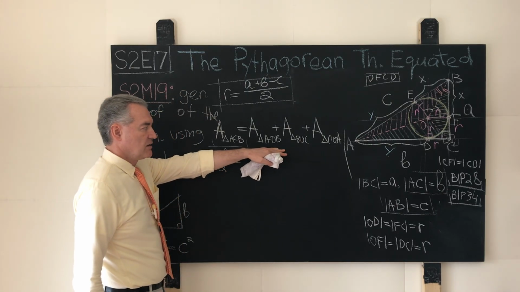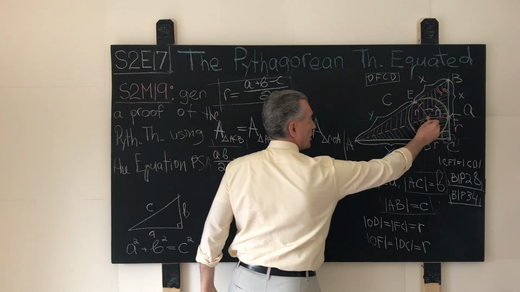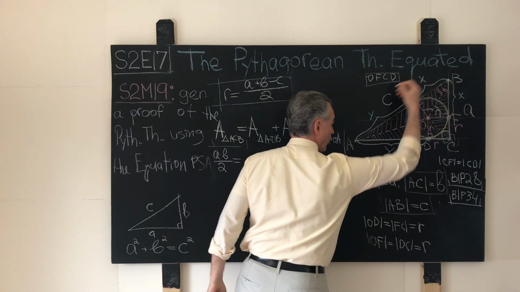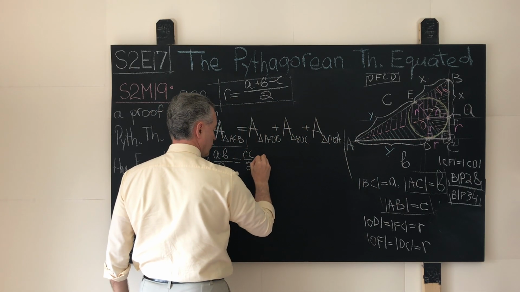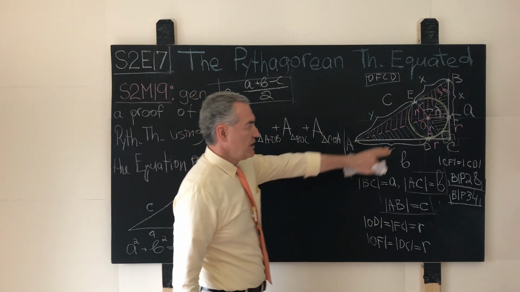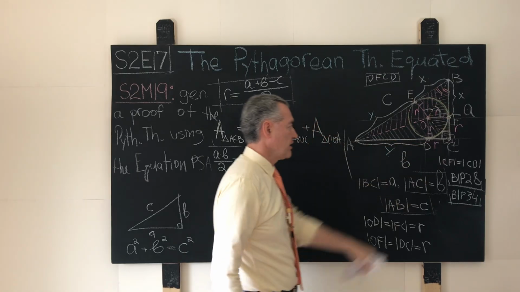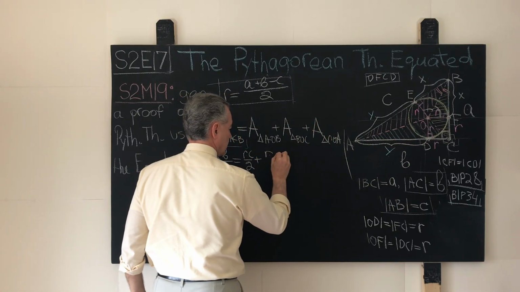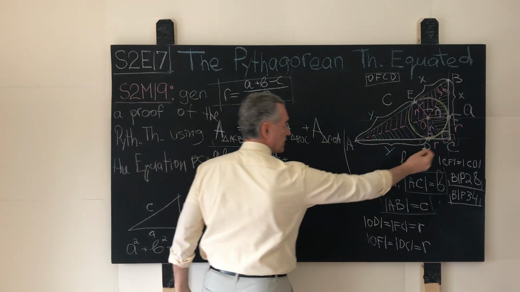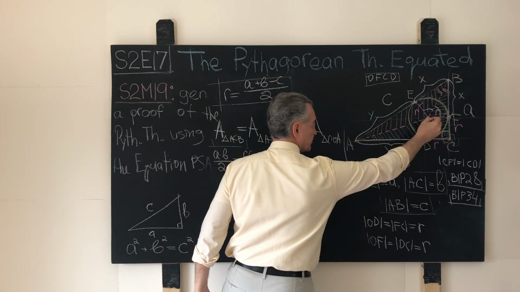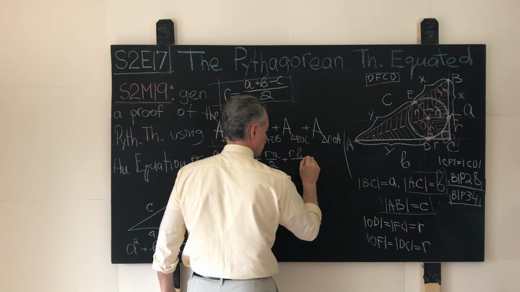The area of the triangle AOB, which is what? R times C over 2. So it will be R times C over 2 plus the area of the triangle BOC, which is R times A over 2, plus the area of the triangle COA, which is R times B over 2.